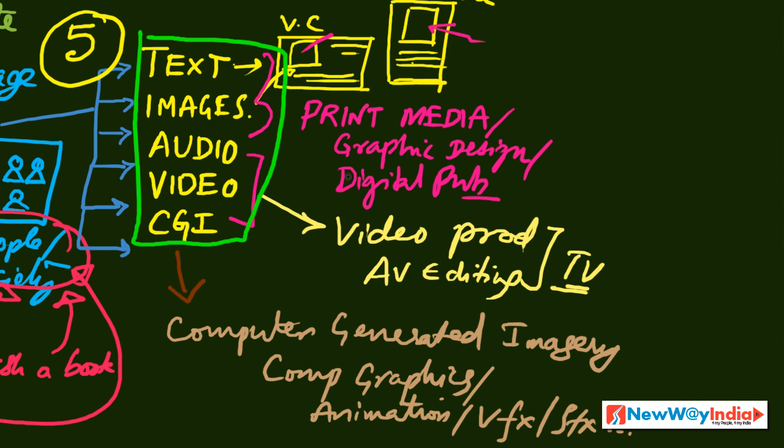Print media requires entirely different skills than video production. Print media and video production need entirely different skills than animation. VFX is entirely different from animation. So you need to understand all these fundamentals first. Then you create your demo reel so that you can enter into your dream job. That is the purpose of this video.